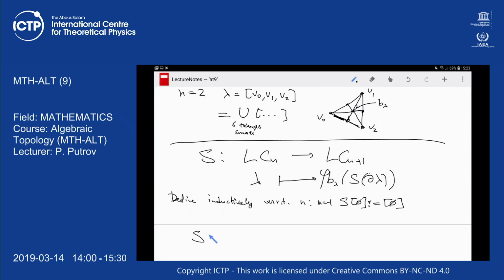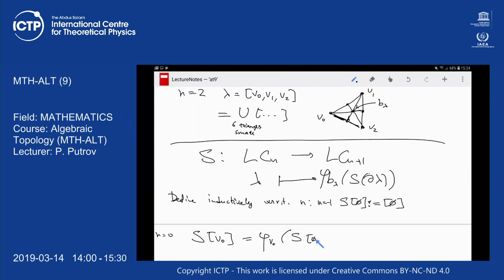Suppose I want S to act on just a point, so for n equals 0. We want to use the definition. This will be phi corresponding to the barycenter of V0, which is just the point, and then we want to act S on d of V0.